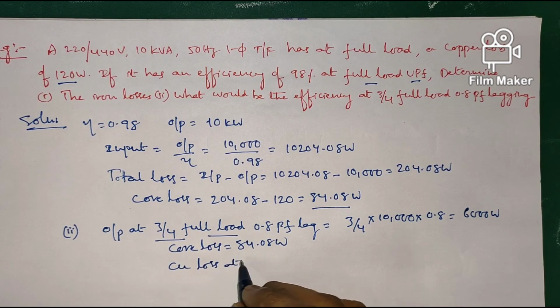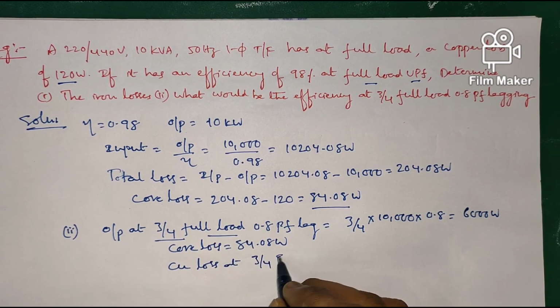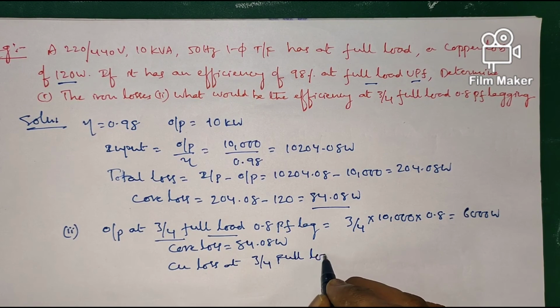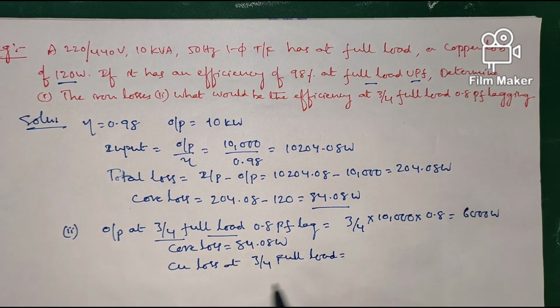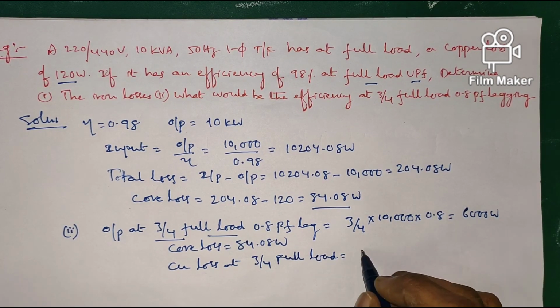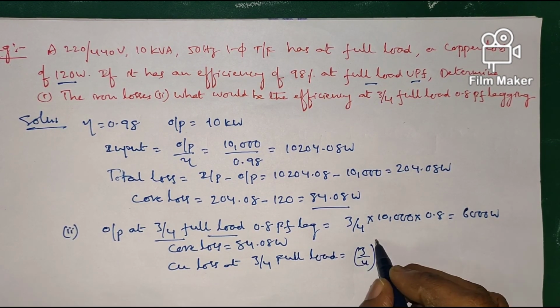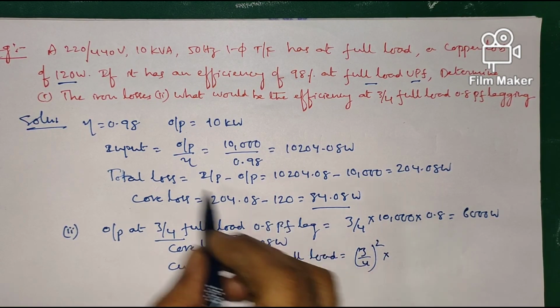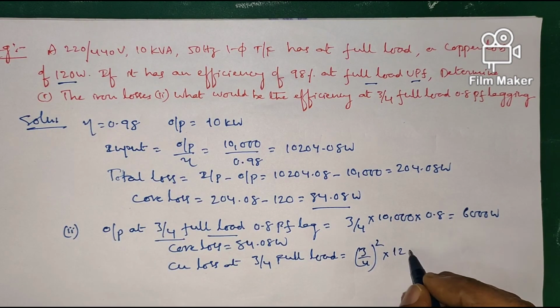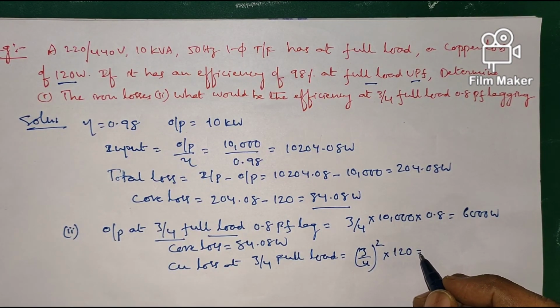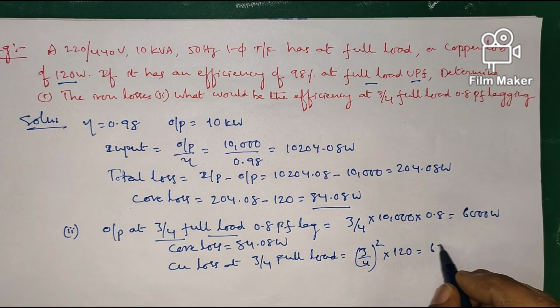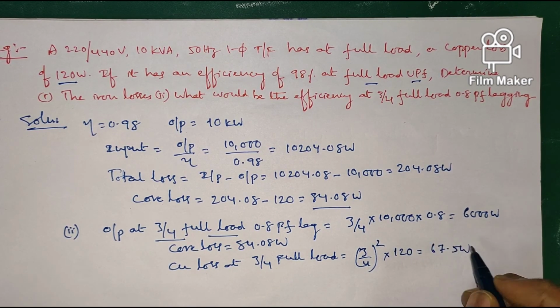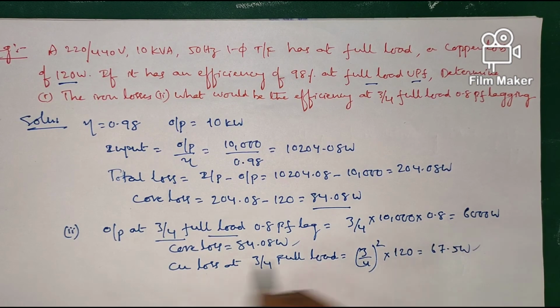Copper loss at 3/4 of full load is equal to, we know that the copper loss is proportional to the square of the load current, hence it is equal to 3/4 whole square times the copper loss at full load. The copper loss at full load is 120 watts. This gives rise to a value of 67.5 watts. Once we know the core loss and copper loss, we can find out the total loss at this particular load.